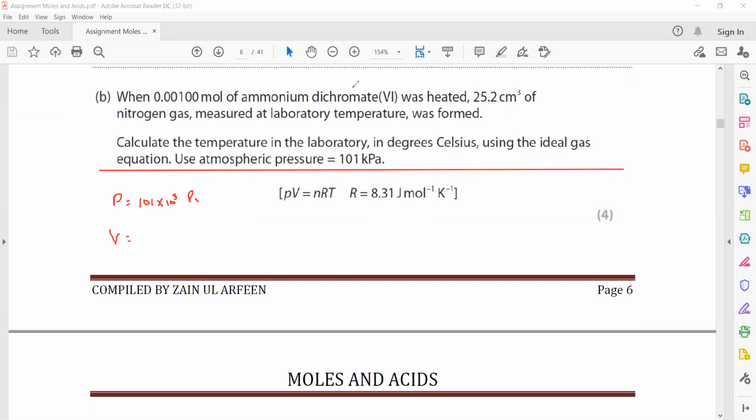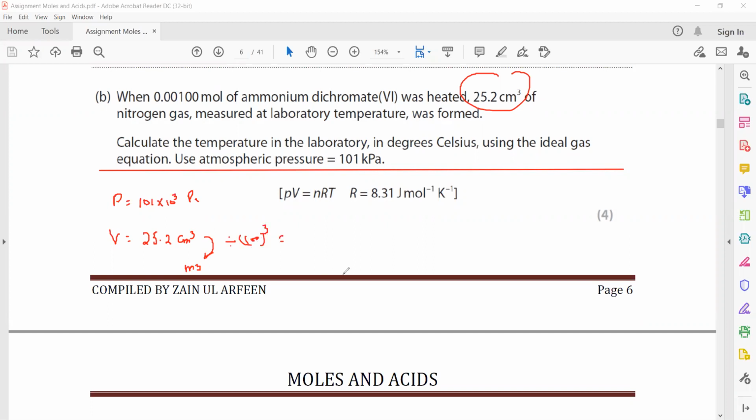V is the volume, and in the question they give this volume in cm cube, but we have to convert the centimeter cube into meter cube, because the SI unit of volume is meter cube. So to convert centimeter into meter we divide by 100, but it is centimeter cube into meter cube, so we will divide by 100 cube.